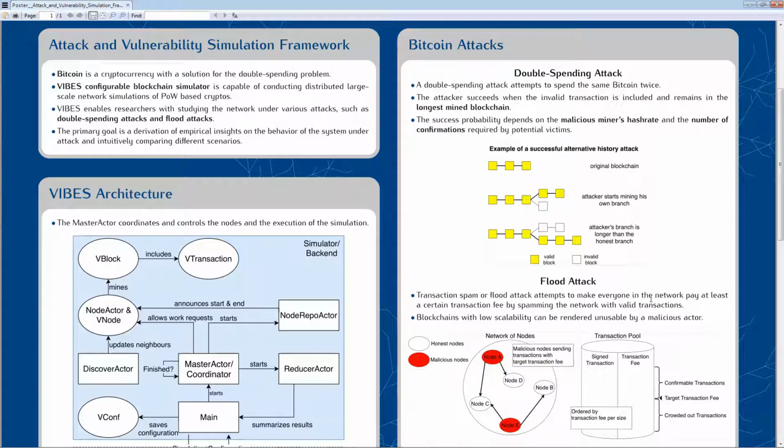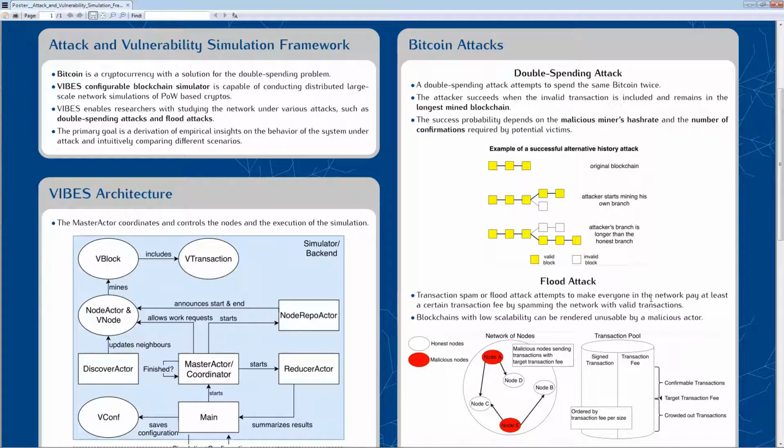Now the attacker can mine in secret until the victim has accepted the transactions. For example, in Bitcoin it is recommended to wait for 6 confirmations to be sure about the finality of the transactions. After the victim accepted the transactions, the victim does something beneficial for the attacker.